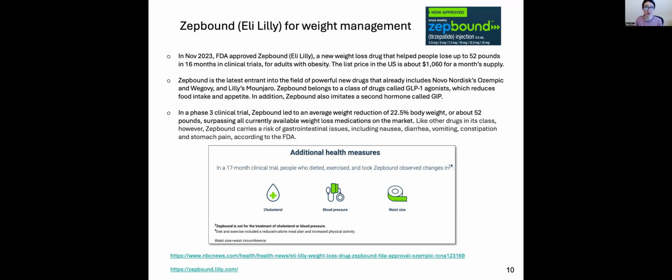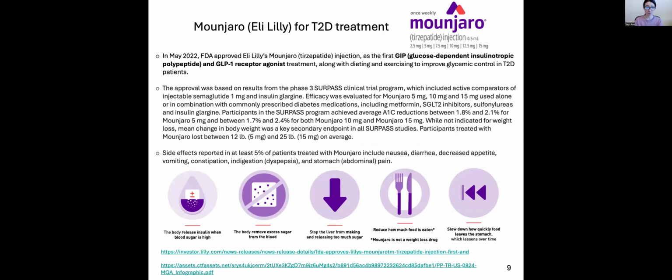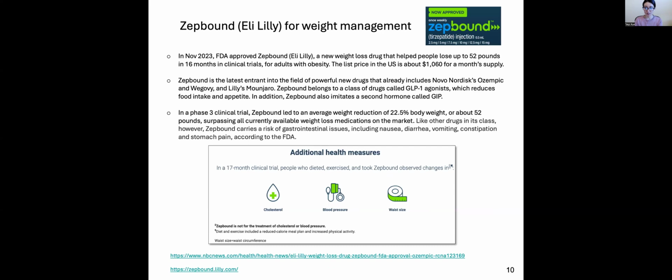So this Zepbound is the same ingredient as Mounjaro, it's tirzepatide, and it has different dosage. In November 2023, FDA approved Zepbound by Eli Lilly as a new weight loss drug that can help people lose up to 52 pounds in 16 months.